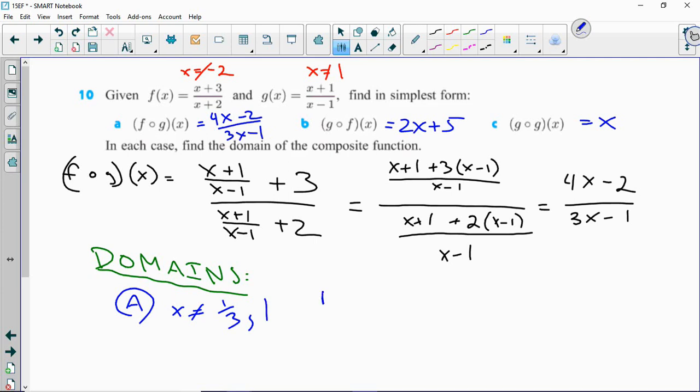For letter B, g of f of x, when I look at 2x + 5, it looks like it's defined everywhere, but I have to consider the inside function was f, so x could not be equal to negative 2. And then C, g of g of x, we're just considering g here, so again, x could not be equal to 1.